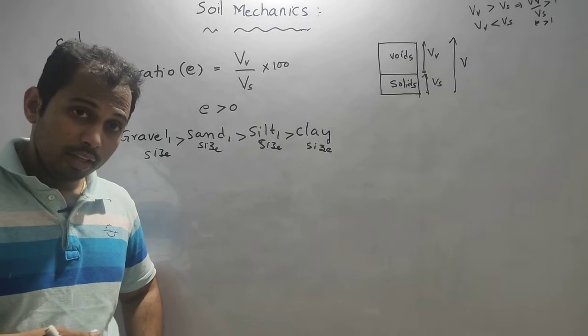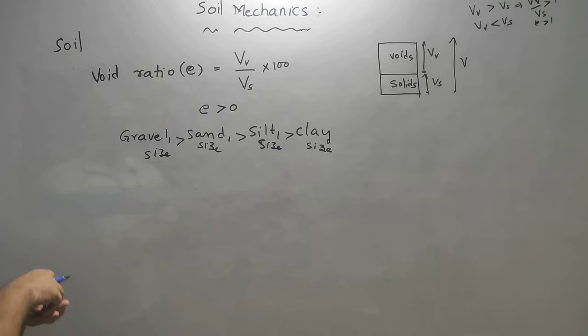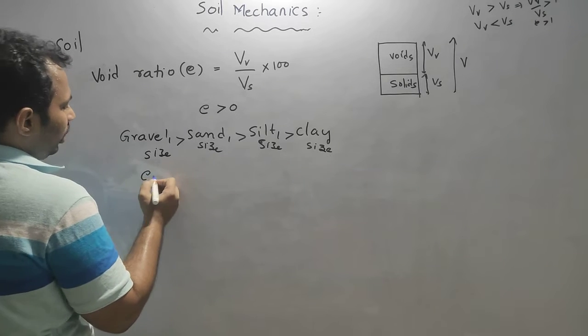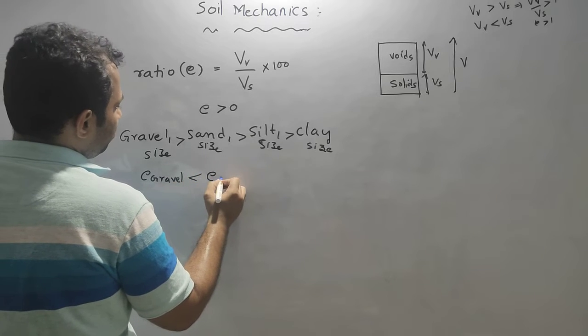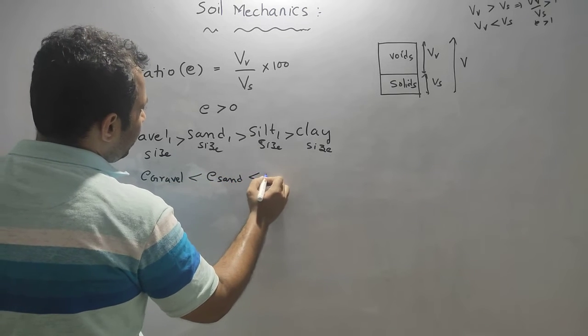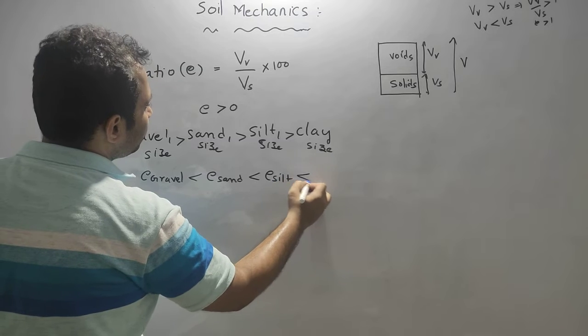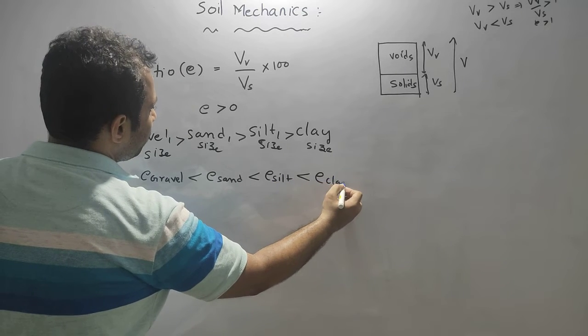Will it increase? No. Void ratio of gravel will be less than void ratio of sand, less than void ratio of silt, and less than void ratio of clay.